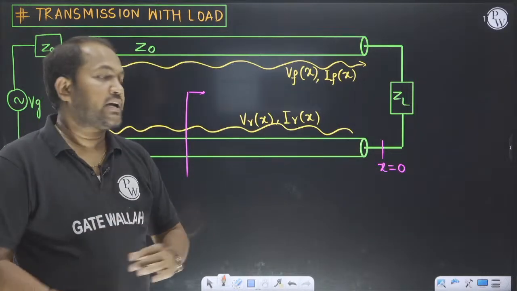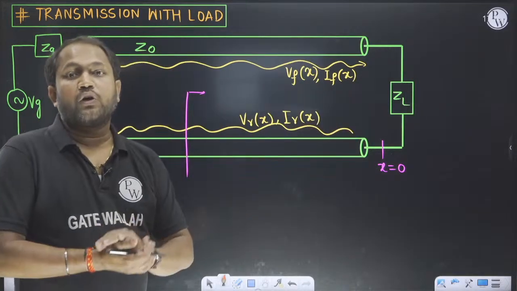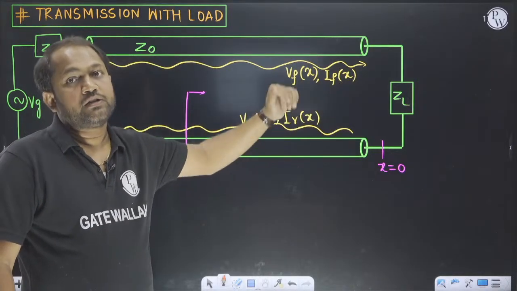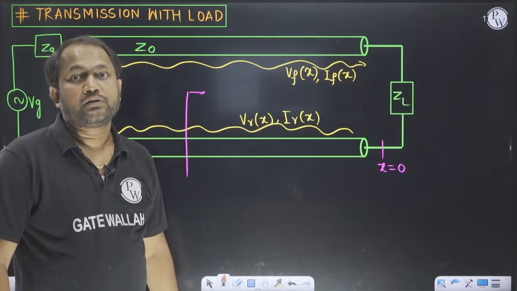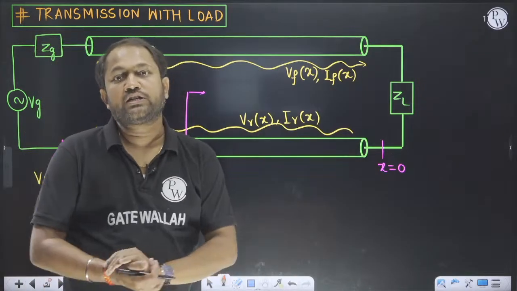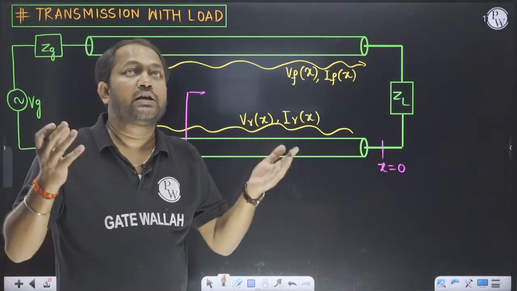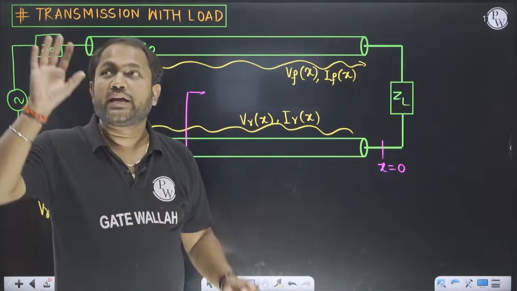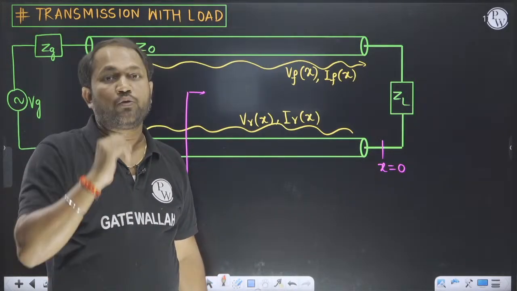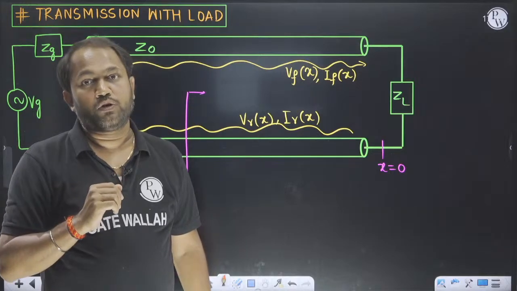Why are we taking x equal to 0 at the load? Because we can measure load voltage and load current, so it is very important. If there is an electric supply here, I can measure the load voltage and load current across this tube light.